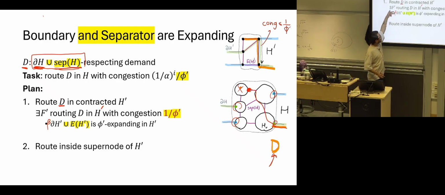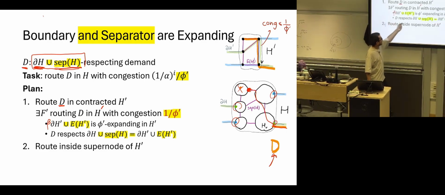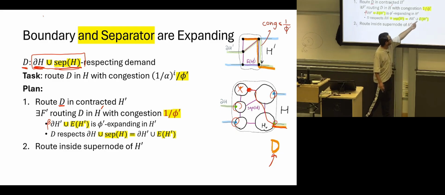Are we good? Why is this true, right? You see that this is true because it's just the guarantee of the battery leading expander decomposition. And D respects this thing, but the separator of H is just the same as the E of H prime.